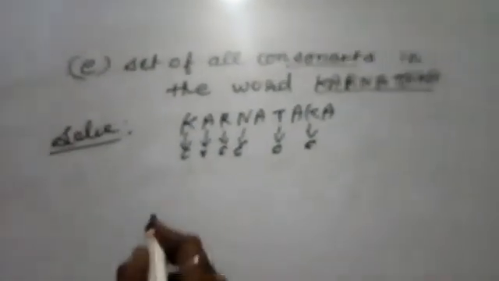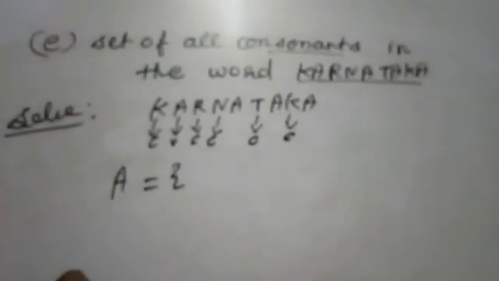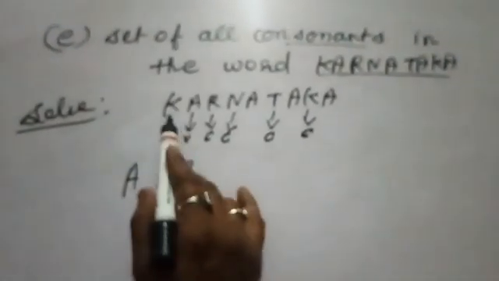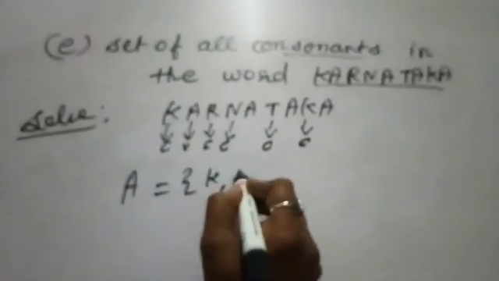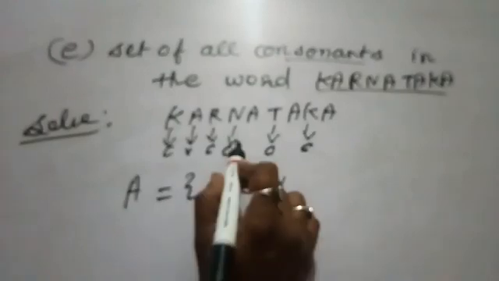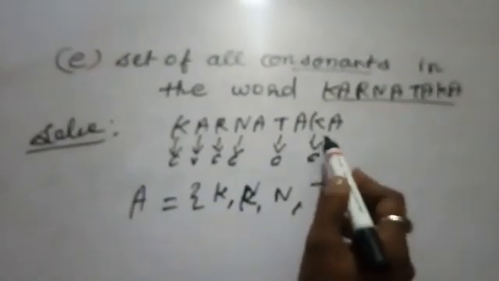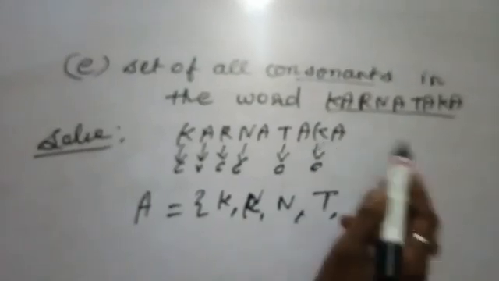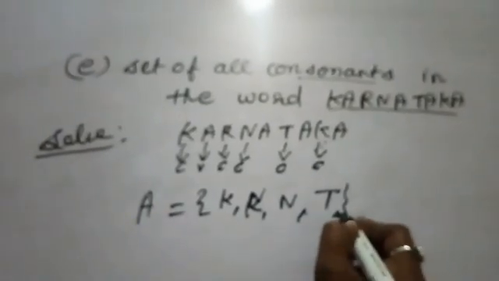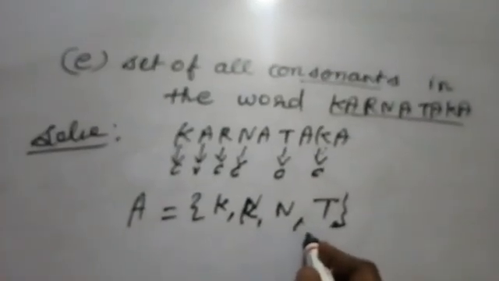So in roster form, how can we write down the elements of this word? The consonants are first K, second R, third N, and fourth T. Now look here, K is repeated. When we represent set elements in roster form, we do not repeat elements.